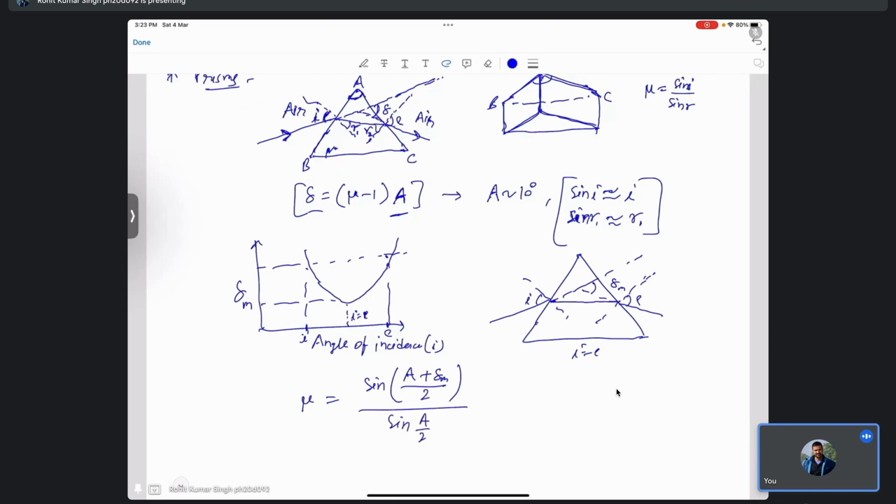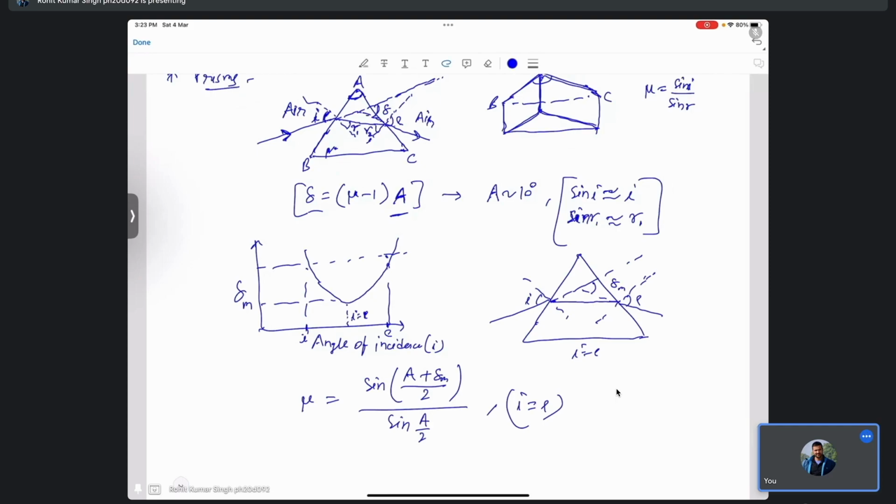Sine A by 2. Okay, so this delta m here is the angle of minimum deviation, and this only happens when I equal to E.